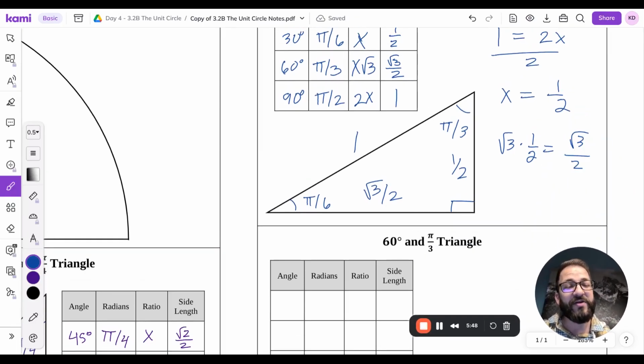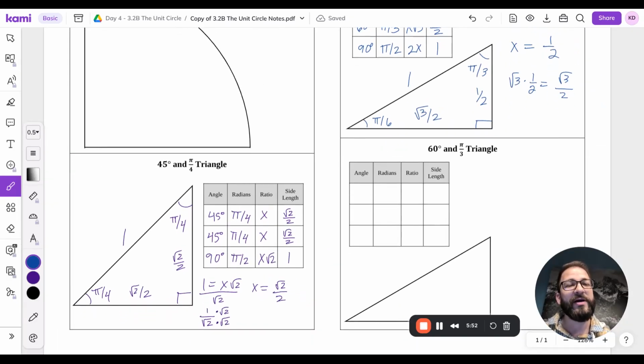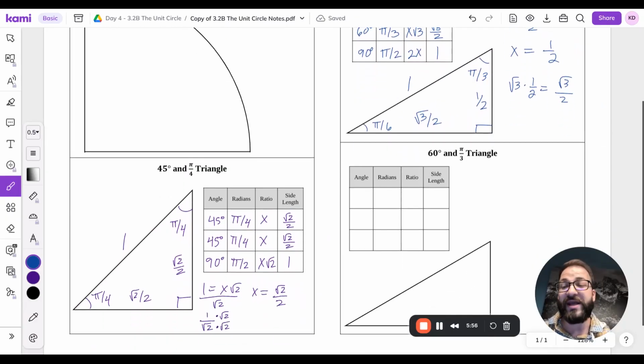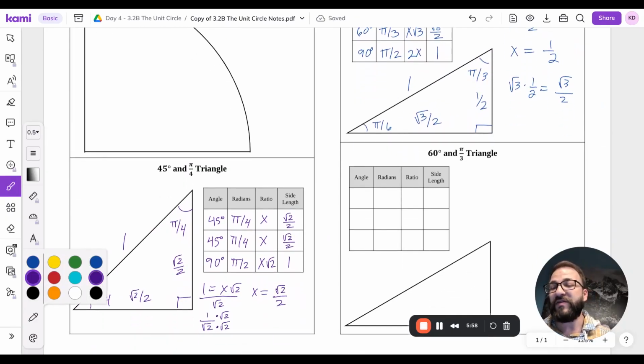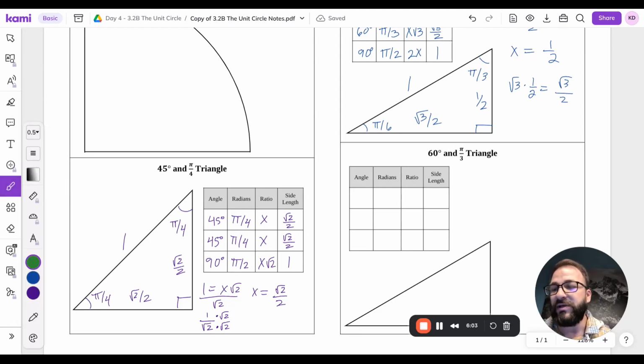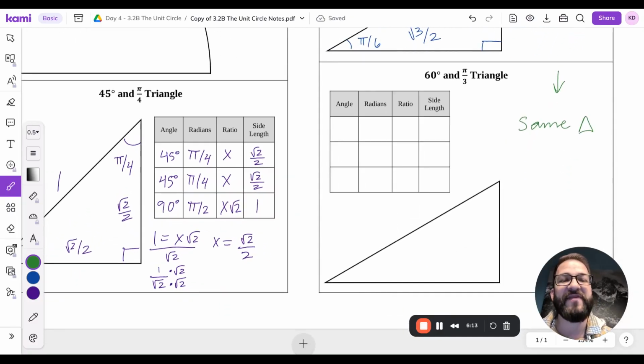Okay, now you might notice that we have this 60-degree triangle or pi over 3 triangle. But when you think about that, you might also notice that we already have a triangle with pi over 3. And that's correct. Our pi over 3, or our last triangle that we're going to look at, is actually identical to our pi over 6 or 30-degree triangle. So we can just repeat all of those same values.